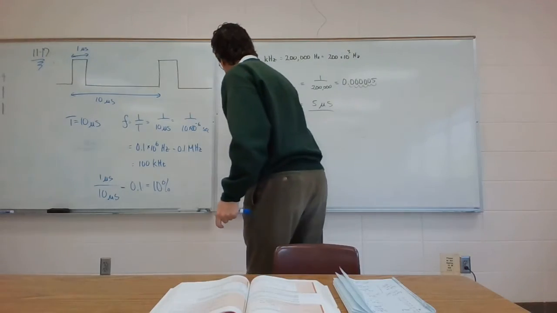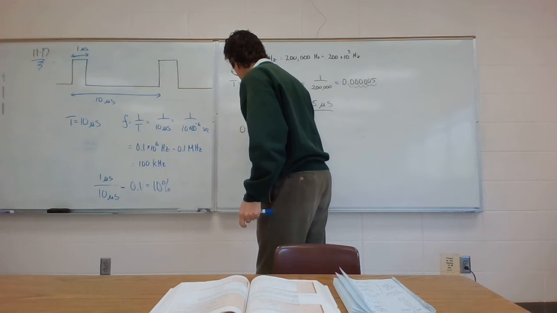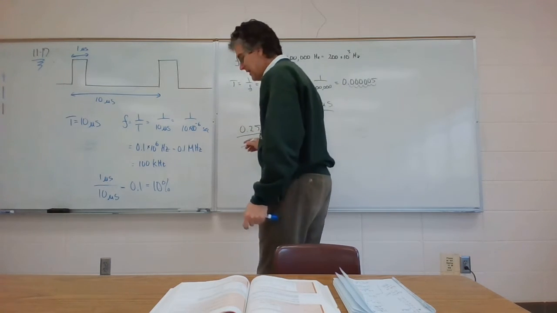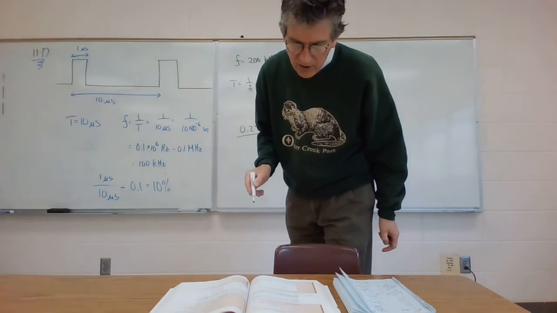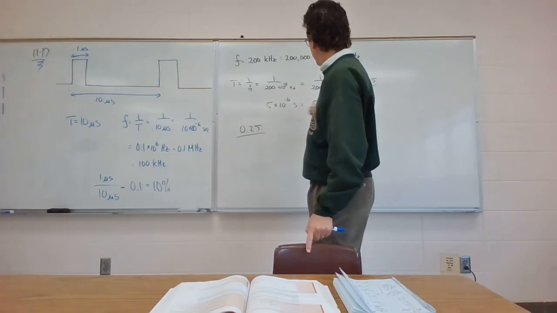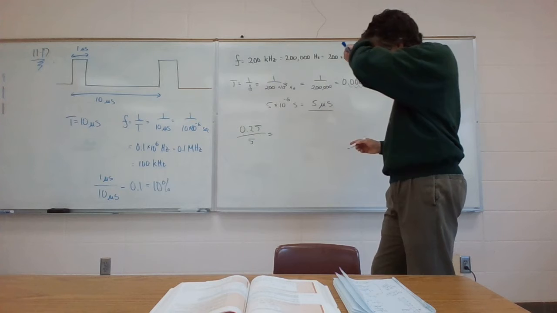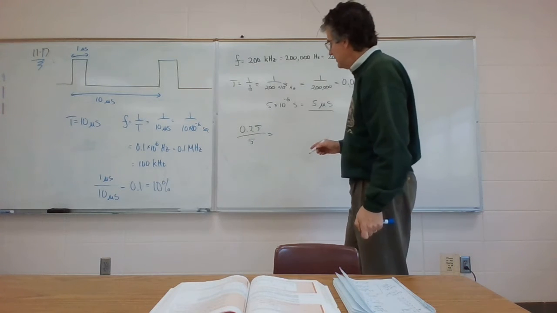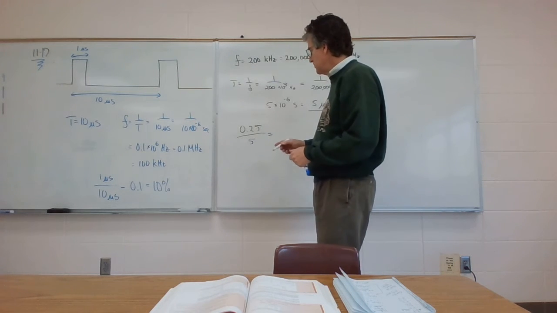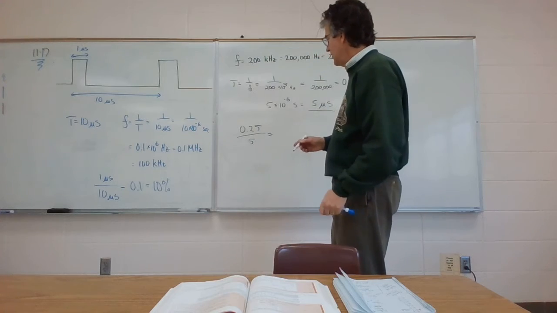So I got 0.25 divided by an overall period of 5, right? So that is going to be 0.25 divided by 5.